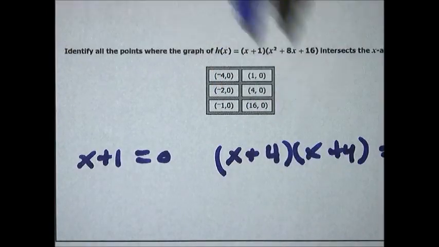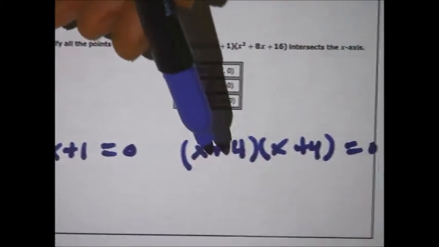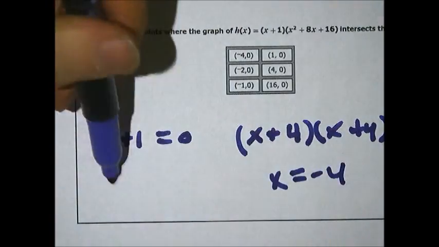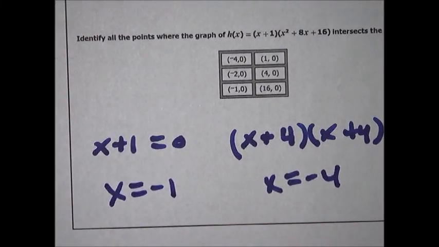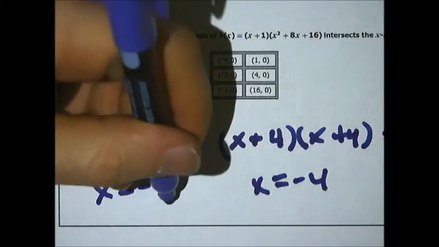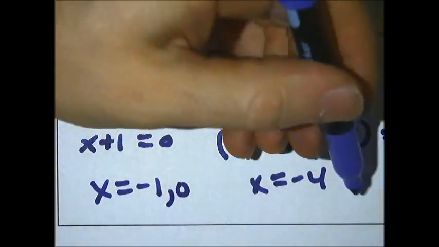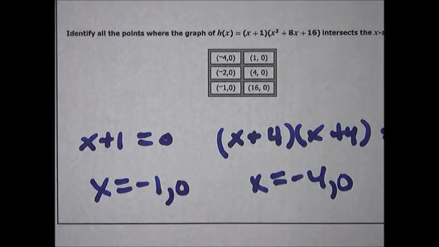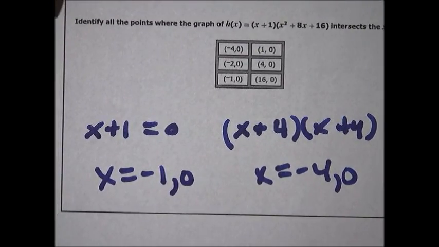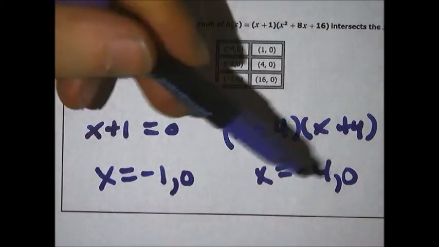And it's the same quantity, so when we set it equal to 0, you're going to get the same exact answer. So you're going to have x is equal to negative 4, x is equal to negative 1. If it hits the x-axis, it's an x-intercept, so it's (negative 1, 0) and (negative 4, 0). We set it equal to 0 because if it's hitting the x-axis, that means y has to be 0. So algebraically, that is how you do it.